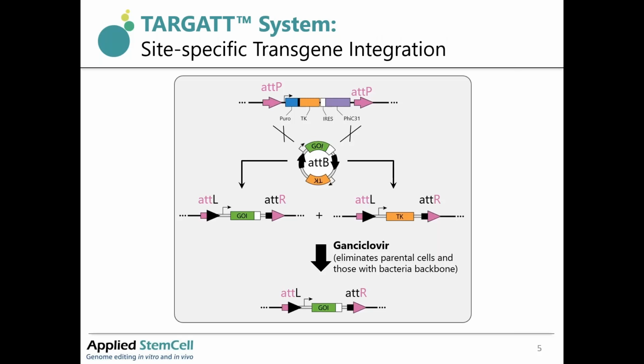Here shows the system that we have generated for site-specific transgene integration. We have validated it in several cell lines, HEK cells and CHO cells, and this shows how TARGATT works here.